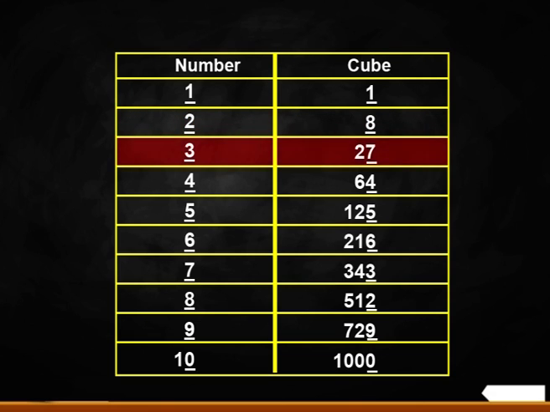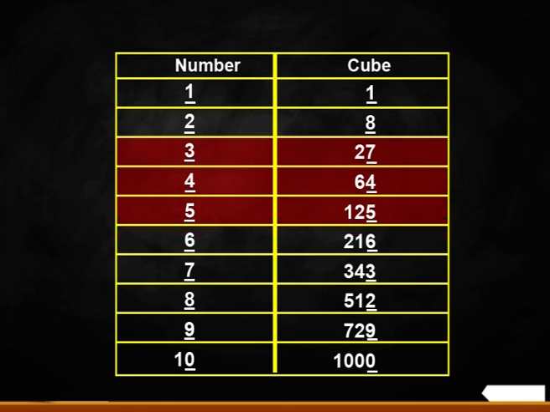Similarly, in the third row, the underlined numbers are 3 and 7. As you can see, out of 27, I have underlined 7 only, which is the last digit of 27. Thus, it can be concluded that if the last digit of the cube is 7, the last digit of the cube root will be 3.